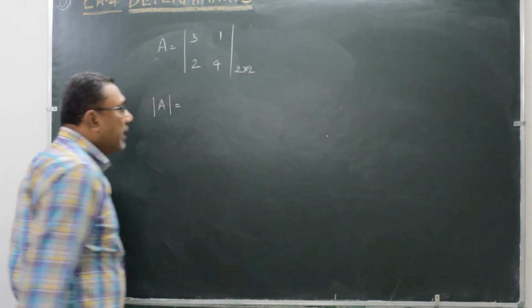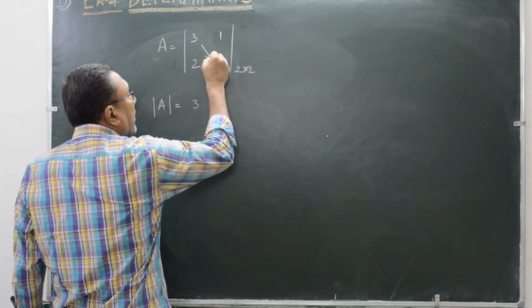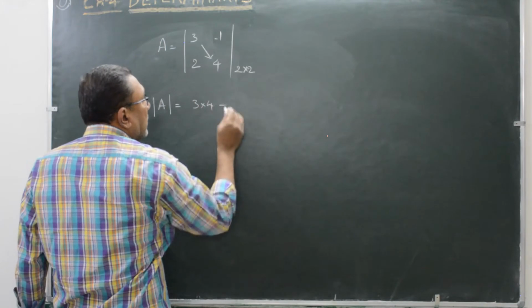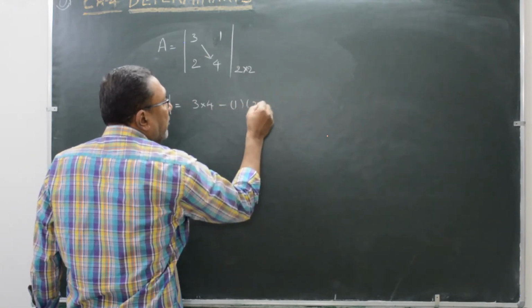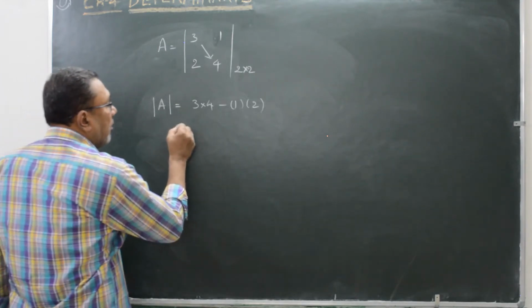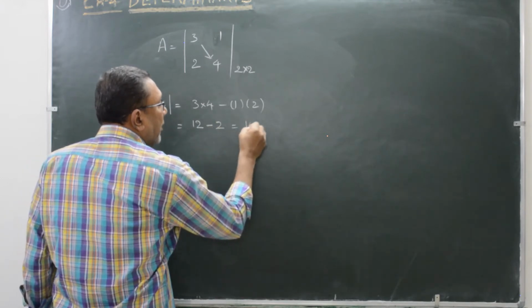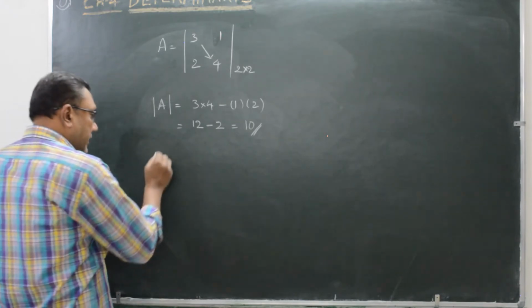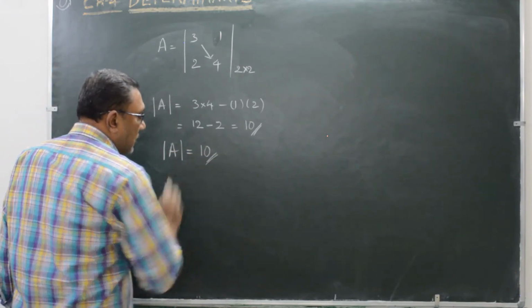So 3 fours are 12, minus 2 ones are 2. The value associated with this matrix will be 10. Therefore det A is equal to 10.